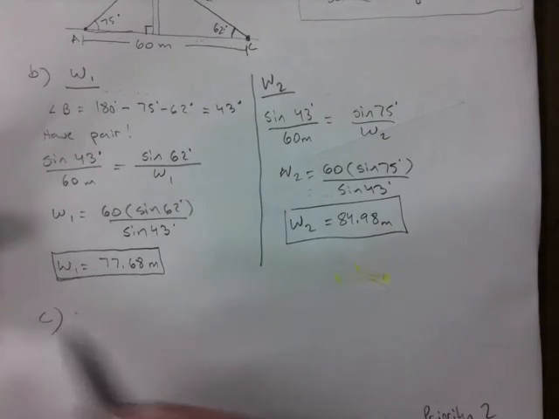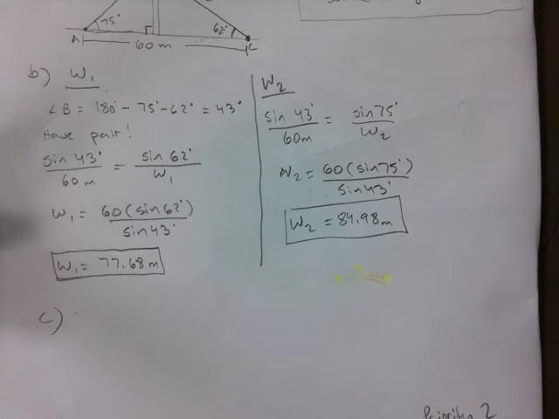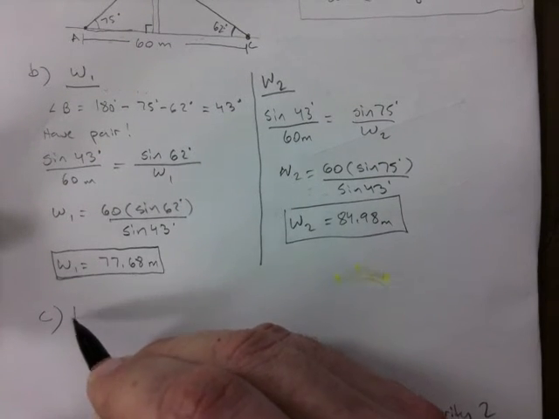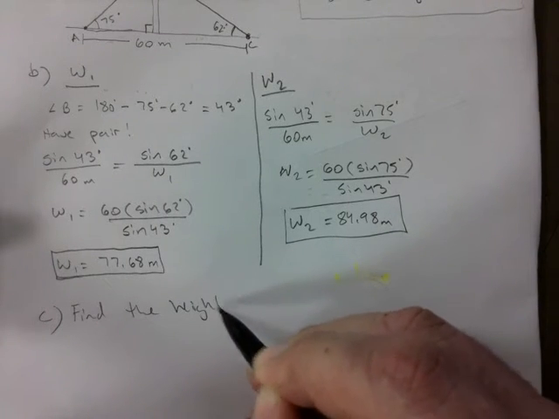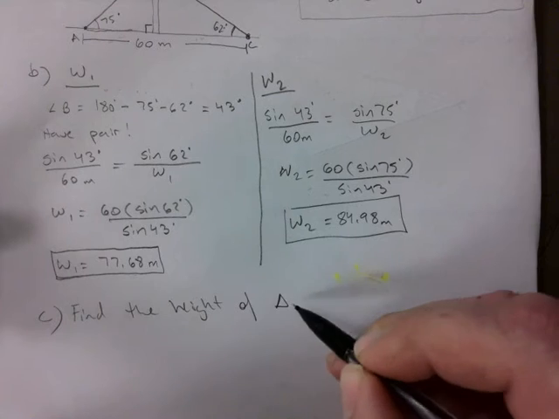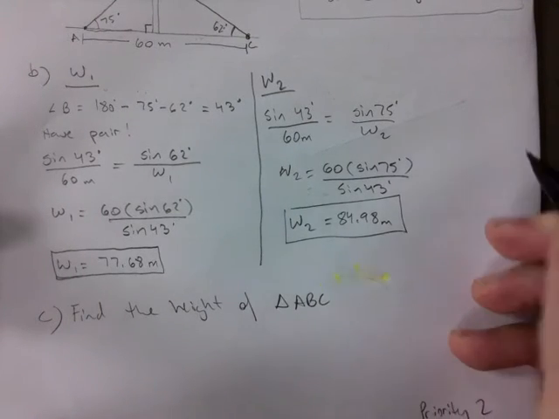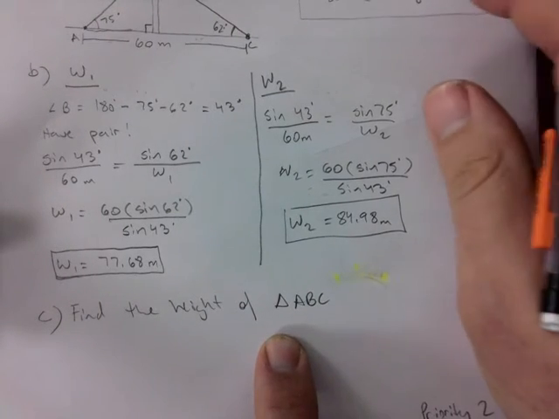And now we're going to calculate C. If you read C, calculate how far up the pole the wires are attached, right? Basically, find the height of triangle ABC. That's basically what you're being asked to solve.